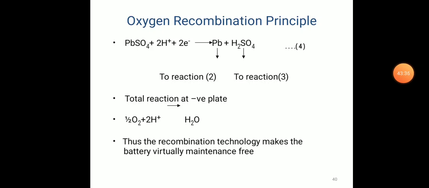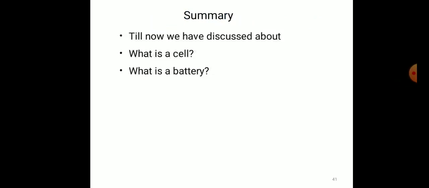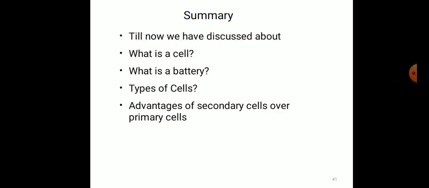So now we are going to summarize what we learned in this period. Till now we discussed about a cell. What is a cell? What is a battery? What are the types of cells, and the advantages of secondary cells over primary cells.